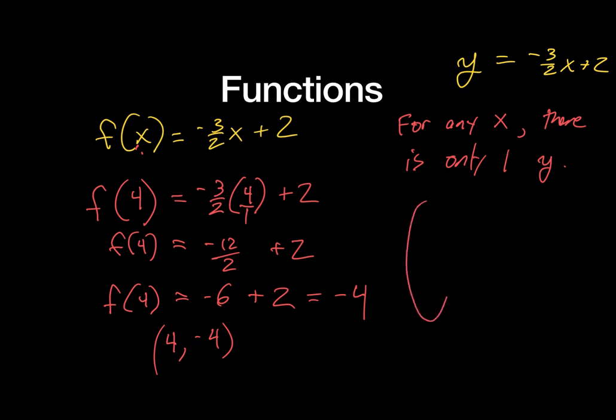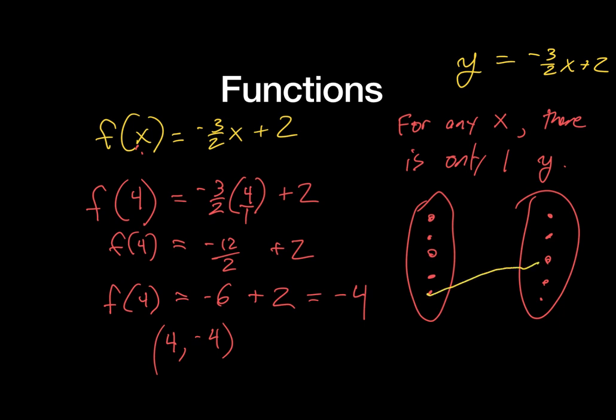What you'll sometimes see is this as a notation in our books too. It'll say like this point, and I have all these points over here that all have different values. And this one maps only to that one. This one maps only to this one. This maps only to that one. This one maps only to this one. This one maps only to that one.